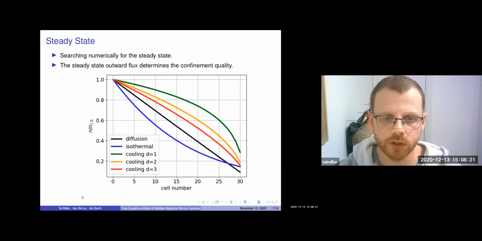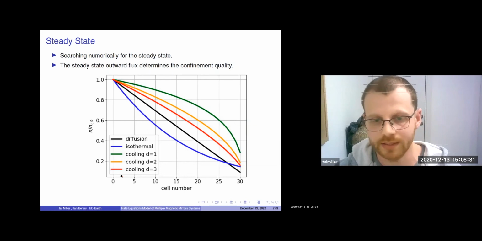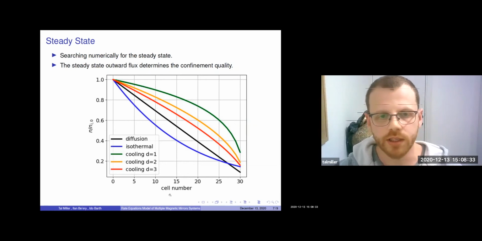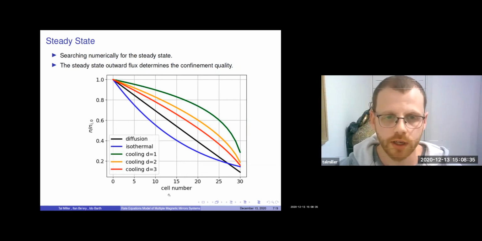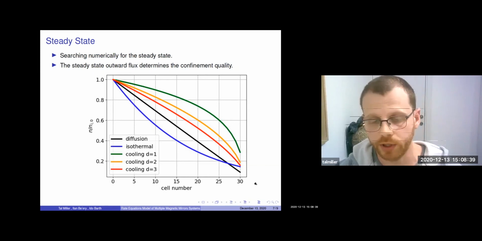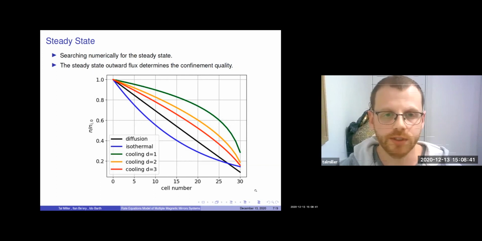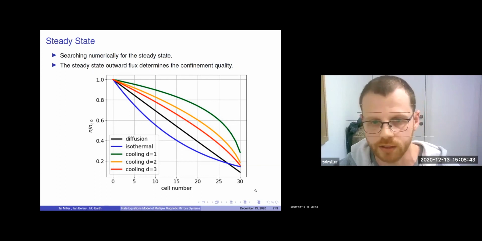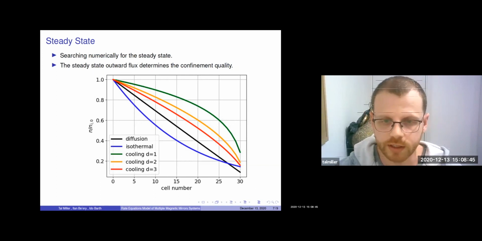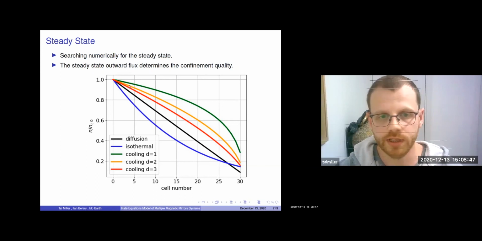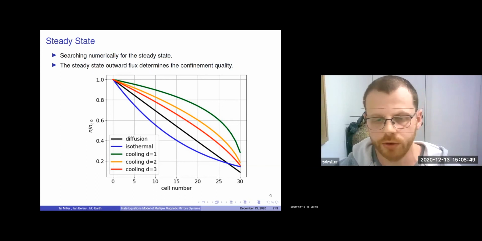So we will begin with the diffusion model, which is the black line. Once again, in the plot, on the y-axis we have the total density, and on the x-axis, the cell number. The diffusion model would predict in one dimension that the density should decrease linearly. And in our model, when we assume a constant mean-free path in the system, which is not a very realistic assumption, the density does go down linearly.